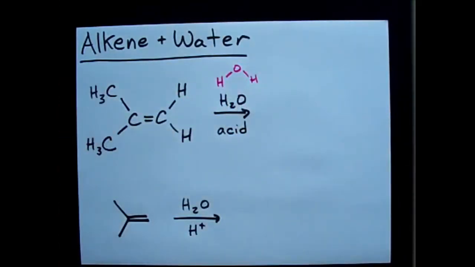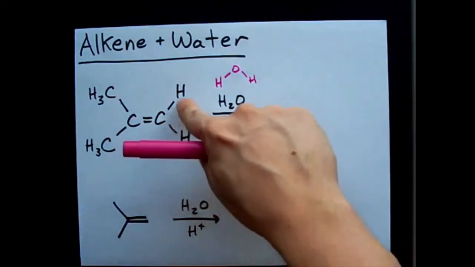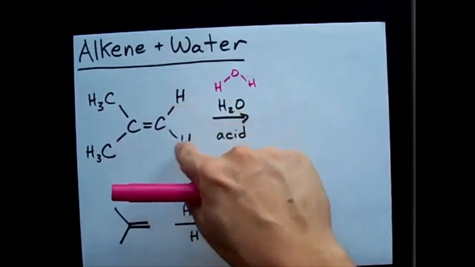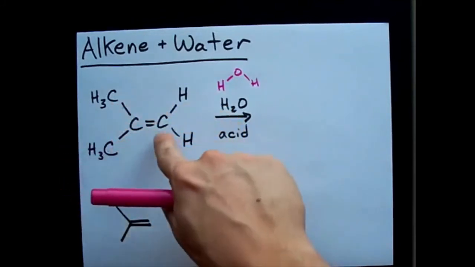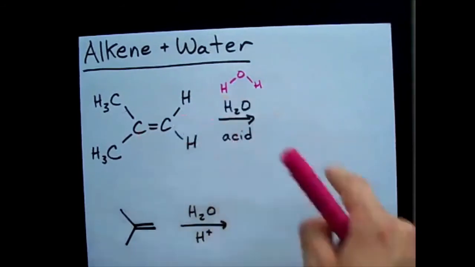OH attaches to one side, H attaches to the other. The trick is that whichever side has more bare hydrogens on it, like this carbon has 2 H's, this carbon doesn't have any H's attached directly to it, whichever carbon has the most H's gets the bare H from the water.